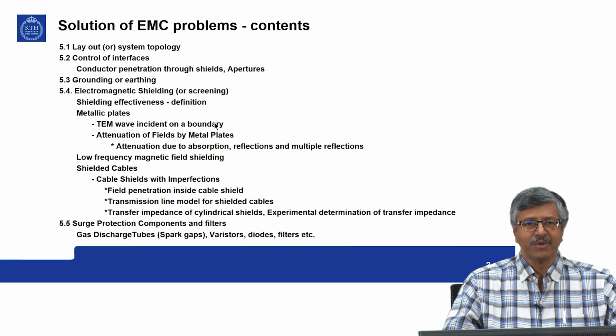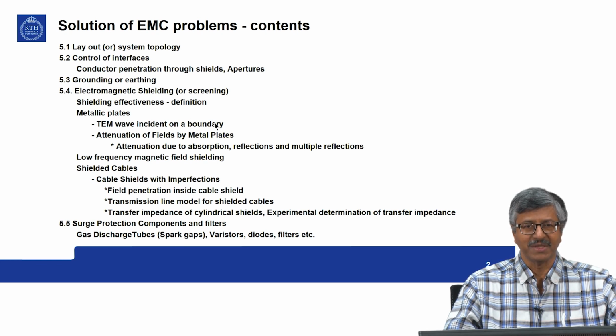Then we go to principles of grounding and earthing, different types of ground. After that, the electromagnetic shielding. The theory for that will be developed based on what we have learned regarding the electromagnetic principles in chapter 2. We will introduce shielding effectiveness.